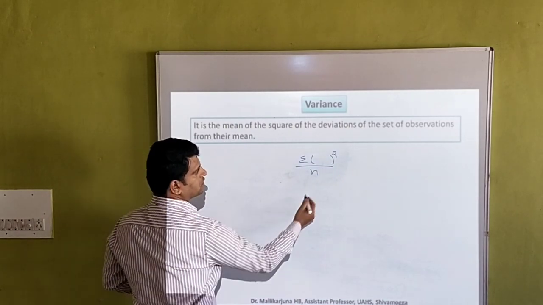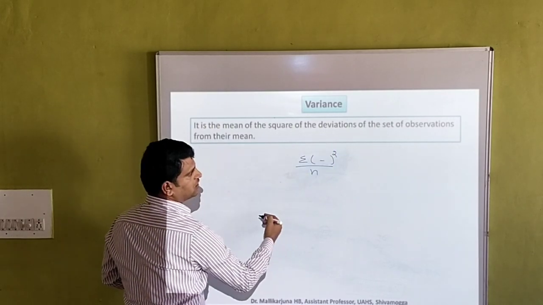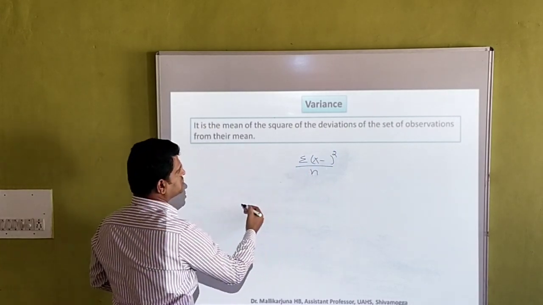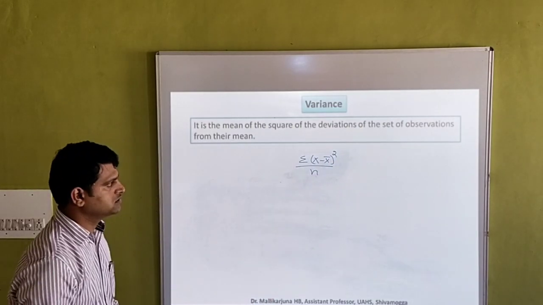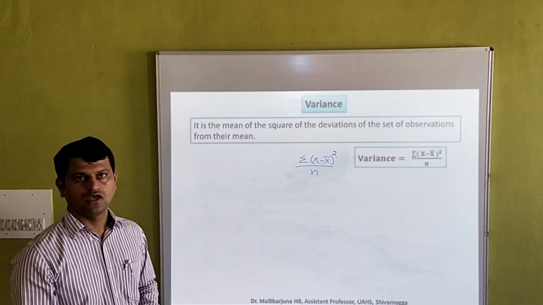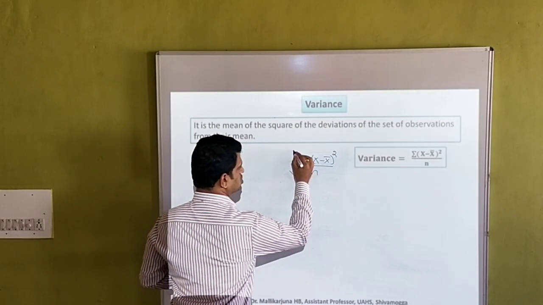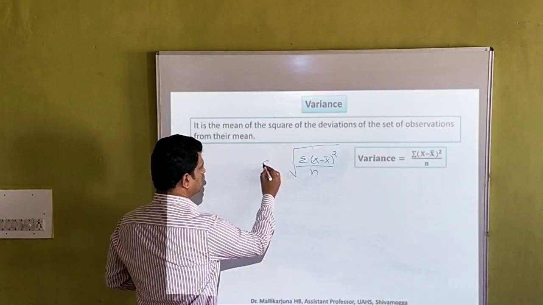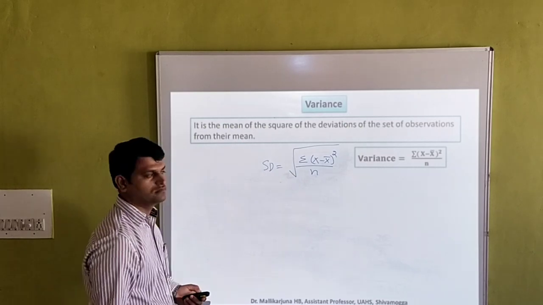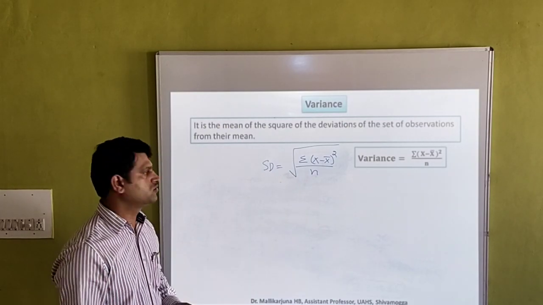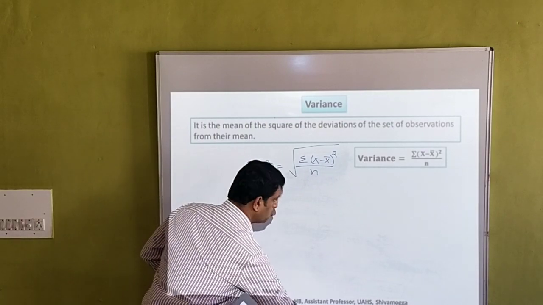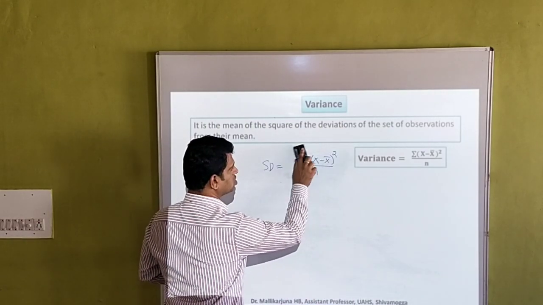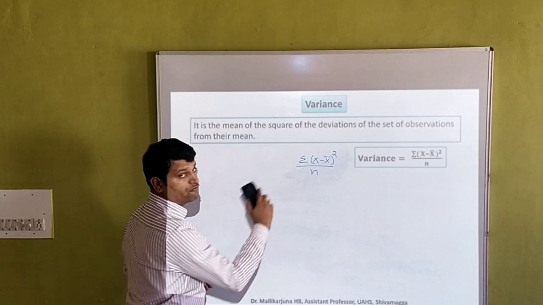So this is the variance. Of course, if we take the square root, then it becomes SD. This is variance without the square root of this value. If you remove this square root, then it becomes variance.